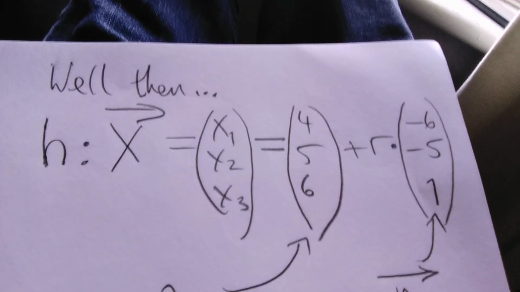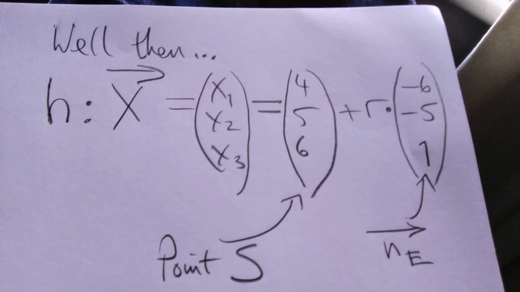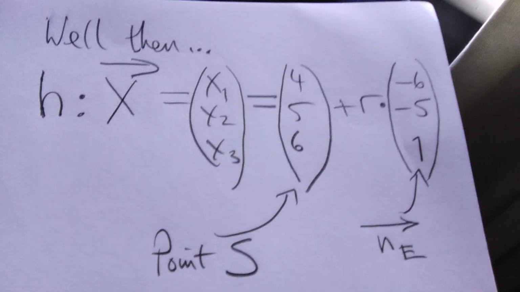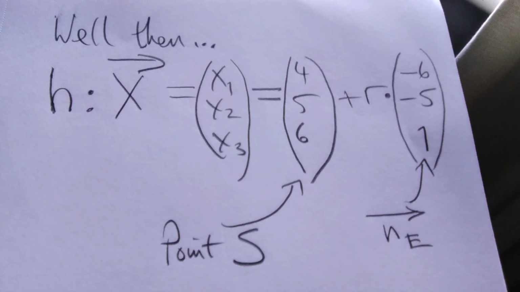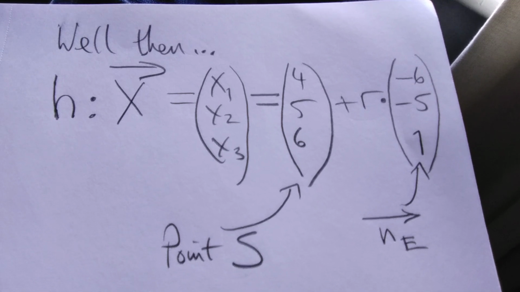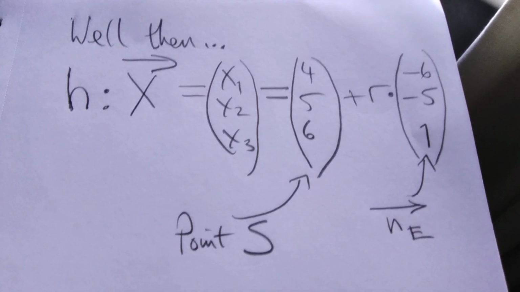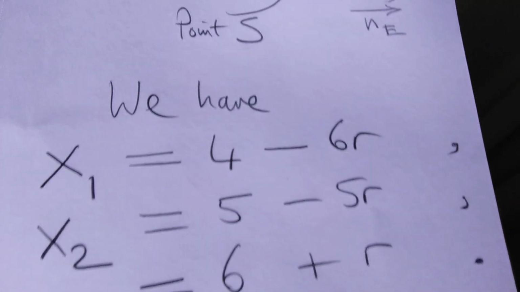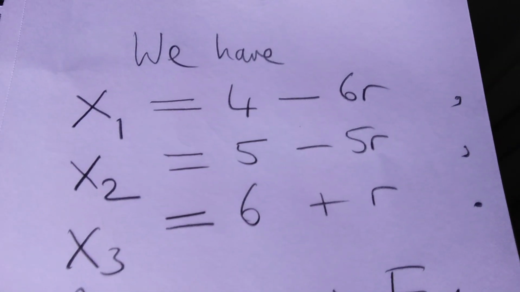Well then, back to our original instruments. Notice that (4, 5, 6) again is point S, and that (-6, -5, 1) is a vector normal to plane E. We've got to find out what R is, and we do that as follows. Well, there we are.